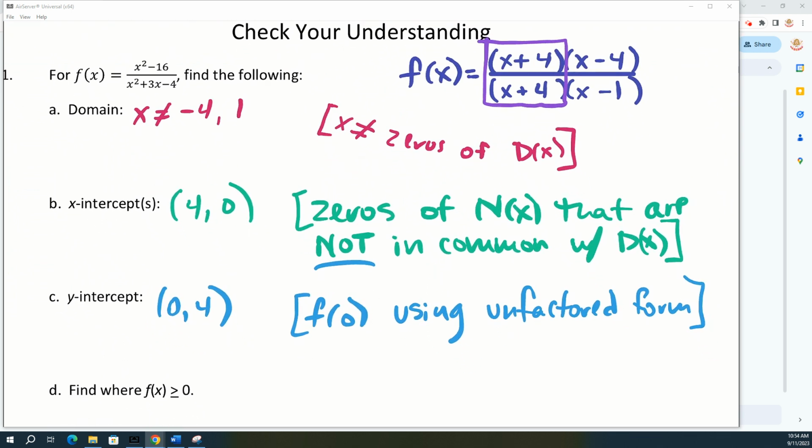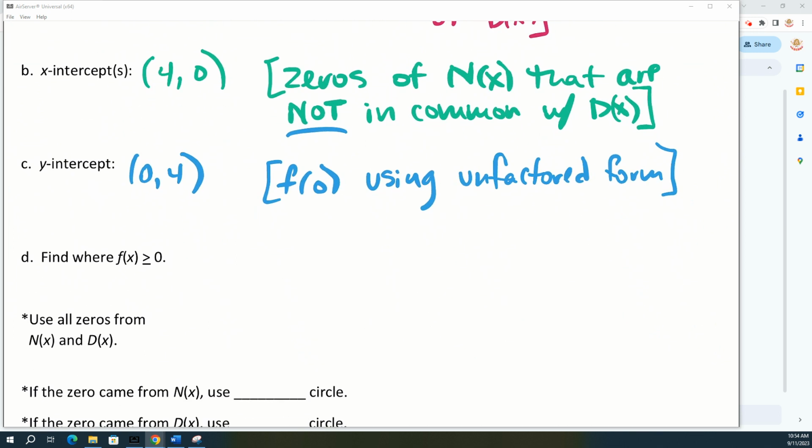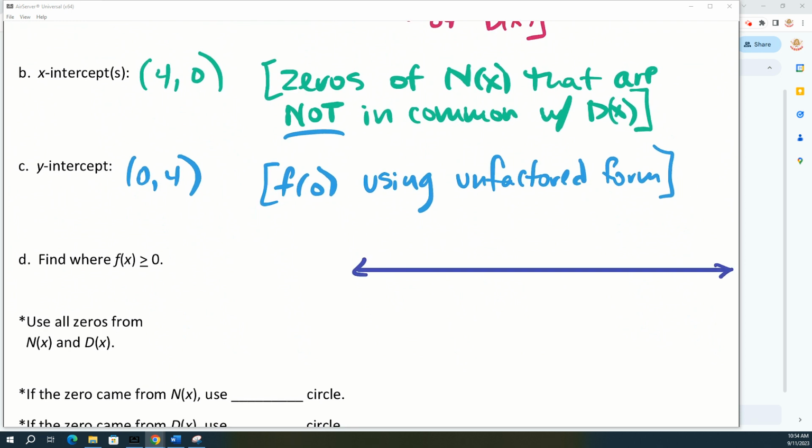And then D is definitely the most challenging part of today's lesson. So what we're going to do is go ahead and draw a number line. And we wrote it above, and it's also typed down here that we're going to use all the zeros from the numerator and the denominator.